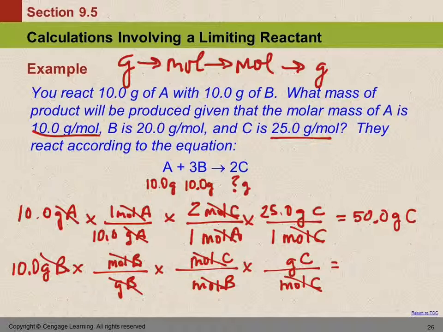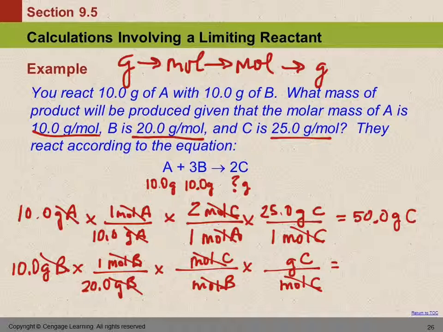What's the relationship between grams of B and moles of B? Well, it's the molar mass. Because these are made up, they gave it to us. 1 mole is 20 grams. What's the relationship between grams of C and moles of C? Well, it hasn't changed since we did our first equation.